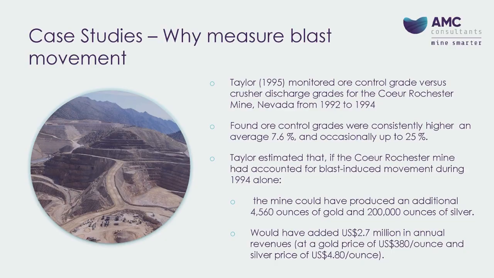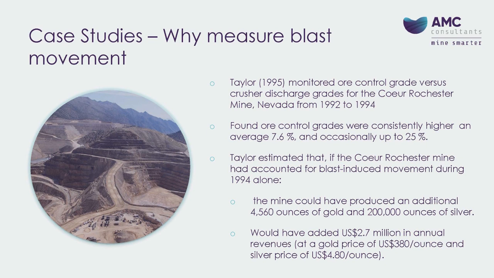Okay, so a couple of case studies. So why measure blast movement? I think we addressed that in the introduction, and it's to reduce ore loss and dilution. But if we look back in history, this was made very evident by Zhang in 1994, where he conducted a survey of 27 gold mines in Nevada, all open pit. He found at the time that most mines used smaller powder factors to control blast movement.